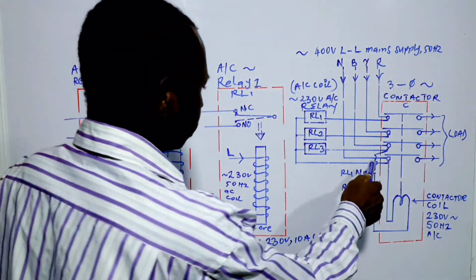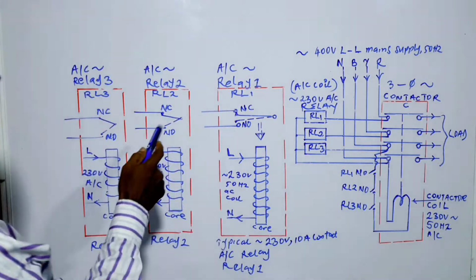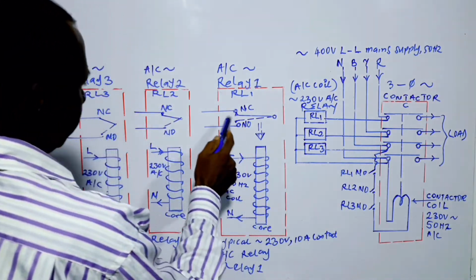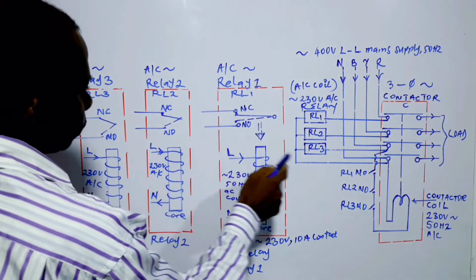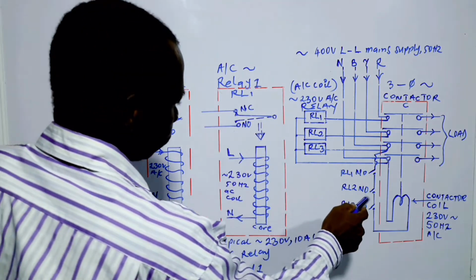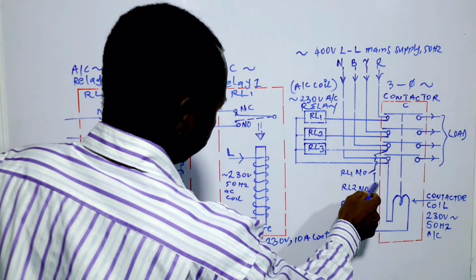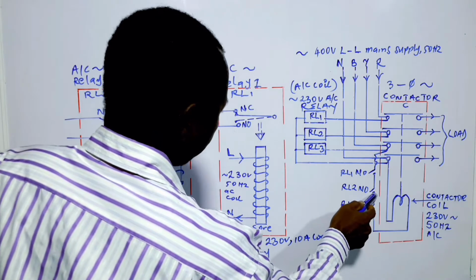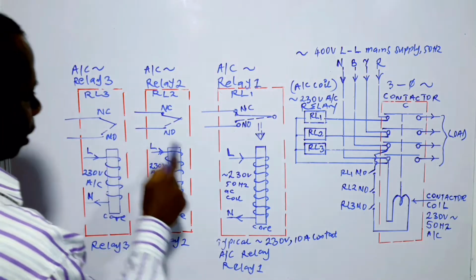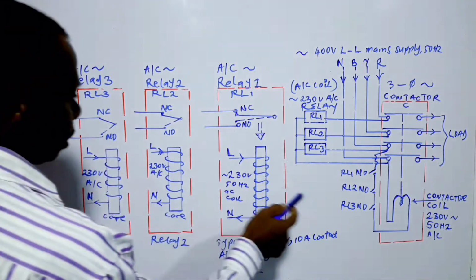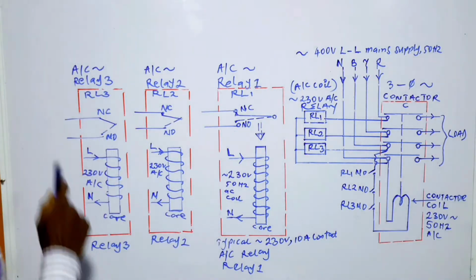So this point here is this point, because we are dealing with normally open, this and this. Then for relay 2, this point is this point here, and the lower point here is this point here. For this one, the upper point here is this, while this one is this one.